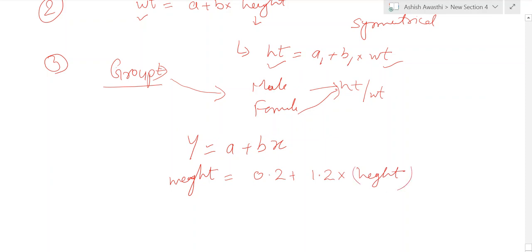So for each unit increase in height, weight will increase by 1.2 unit for a given relationship. So by this way, our discussion of linear regression or ordinary least square regression for one by two variables is over, and now I will show how to calculate linear regression with the help of R Commander.